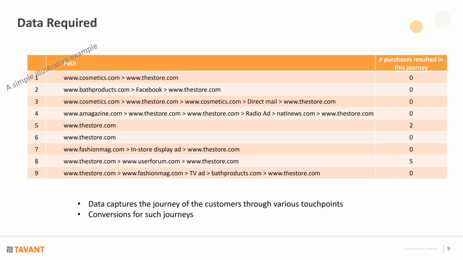So the path, the sequence in which the customer goes through various touch points, and then finally, does that lead to conversion or not? For various people who go through each of such journeys, what kind of conversions are you seeing? This is just a simple illustrative example, but it gives you the sense of what kind of data needs to be captured for doing these kind of modeling.